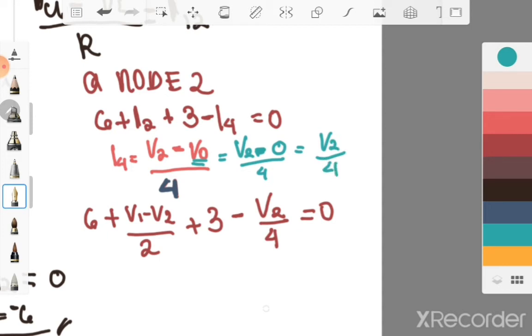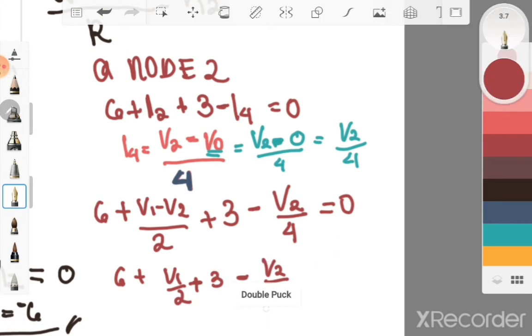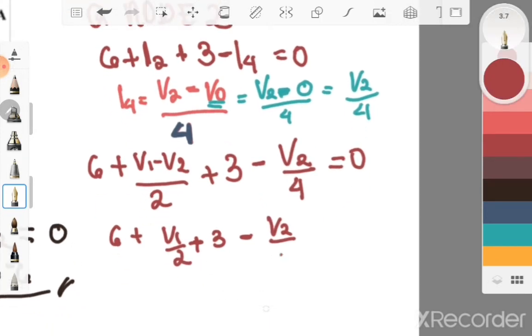So, solving for this equation, katulad ng ginawa natin kanina, lahat ng V1 and V2, pag-isahin natin. Okay? So, we have positive 6 plus V1 over 2 minus, wala, diba? Minus, wala. Plus 3 minus V2 all over 2 minus V2 all over 4, which is equal to 0.